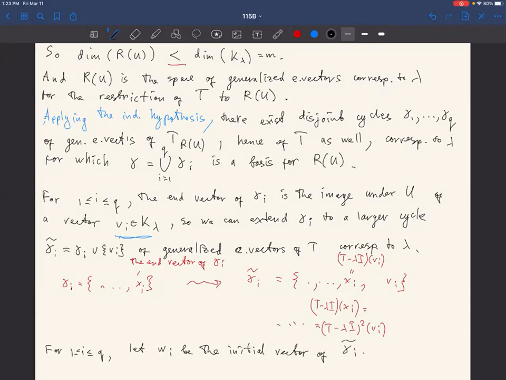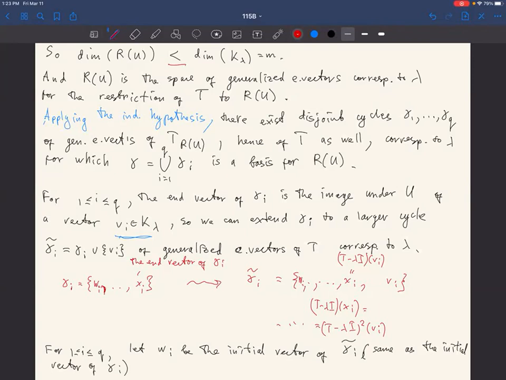Of course, this is the same as the initial vector of gamma I. So this was wi, the initial vector of the cycle, and we still have it unchanged in gamma I tilde. Okay, so just denote it like this.